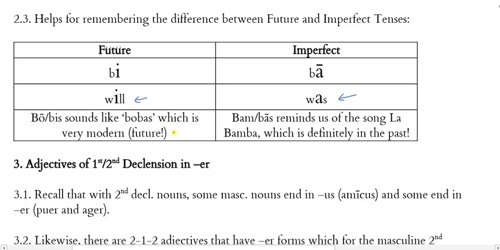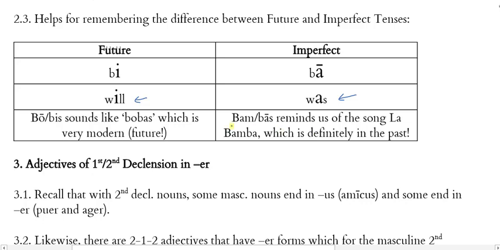So for the Romans, certainly this was something way, way, way in the future. Now, on the other hand, the first singular and second singular endings are bam and bas, laudabam, laudabas, right? Bam and bas reminds us of the song La Bamba. Ba-da-ba-la la bamba. And La Bamba is a song that's old from our standpoint, right? That's definitely in the past.